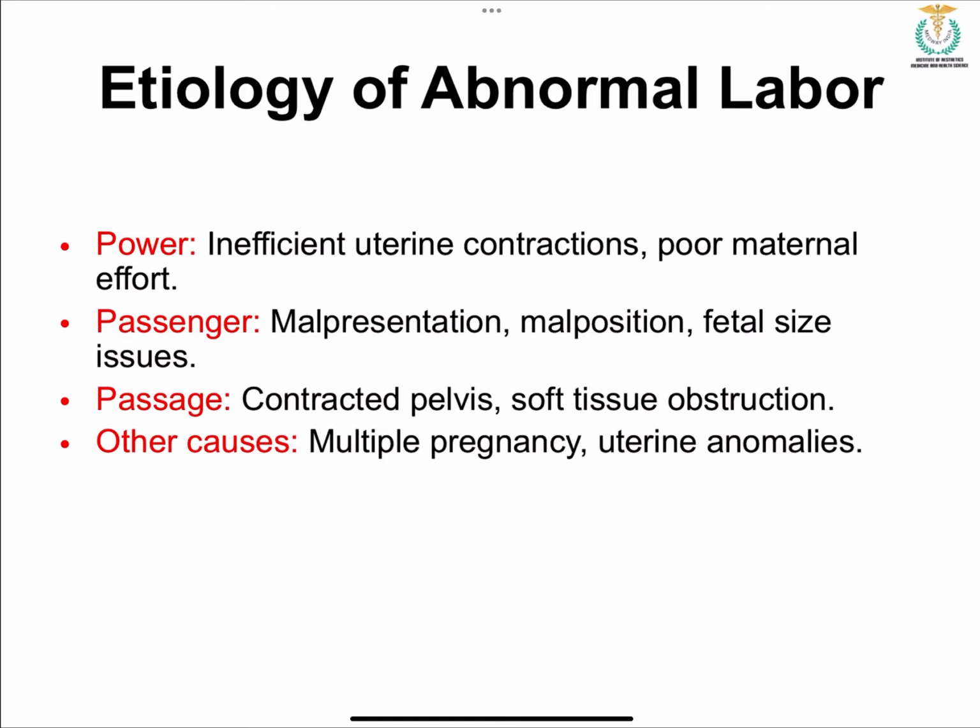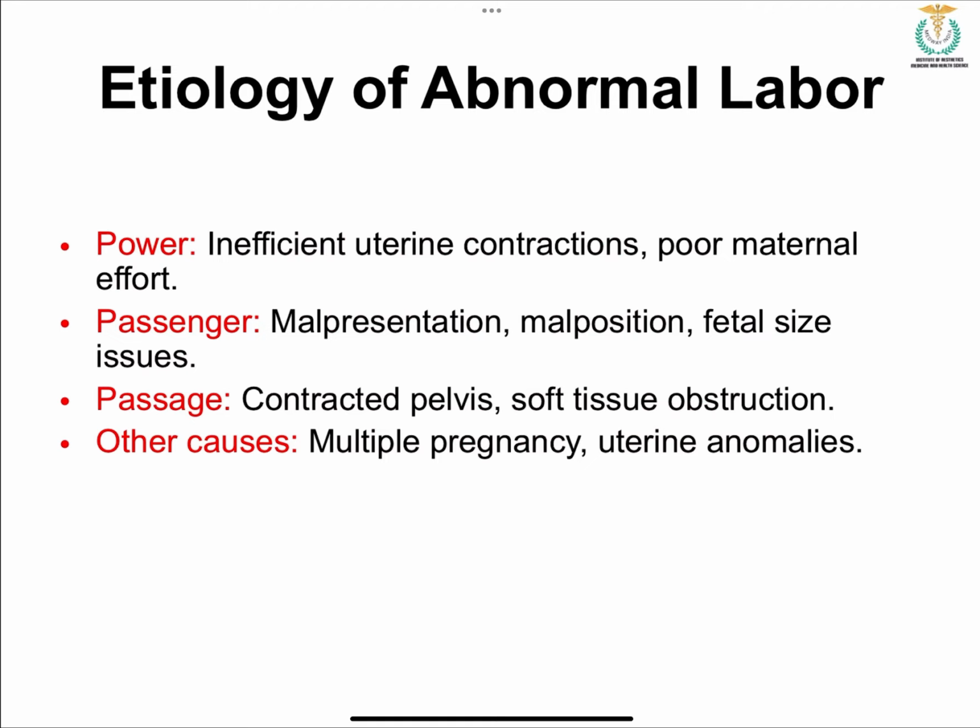You have to check which P is the major cause of the abnormal labor in that situation. That will tell you the next step, which can be to augment contractions, correct the presentation, or proceed to operative delivery. So that is the importance of these 4Ps.